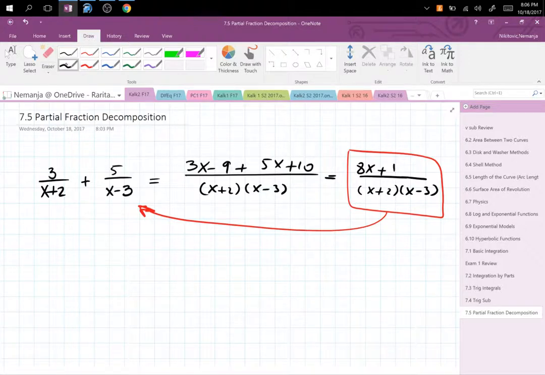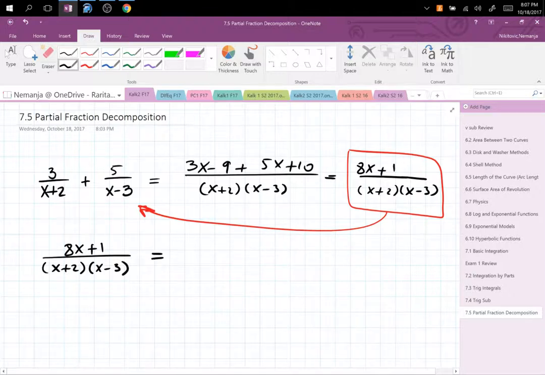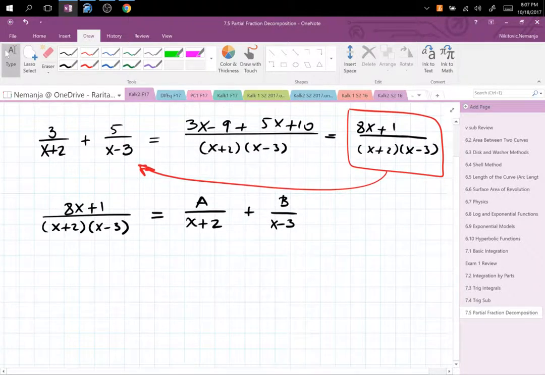We start at 8x plus 1 divided by the factors x plus 2, x minus 3, and we are looking for two values, a and b, such that if we do the algebra on them, we'll get 8x plus 1 over x plus 2, x minus 3. So partial fraction decomposition is a procedure which is backwards from adding rational expressions.